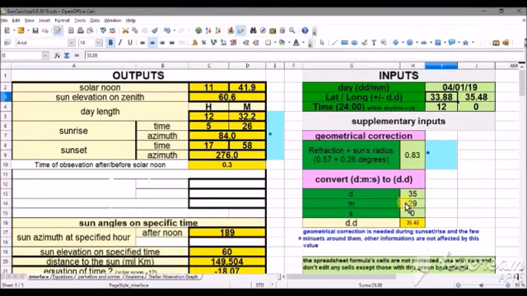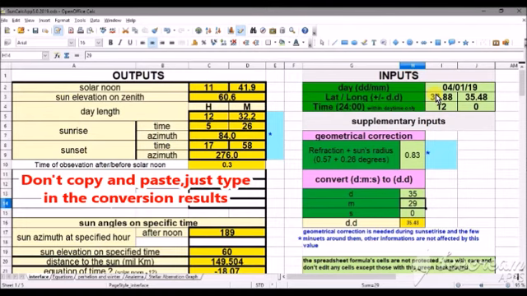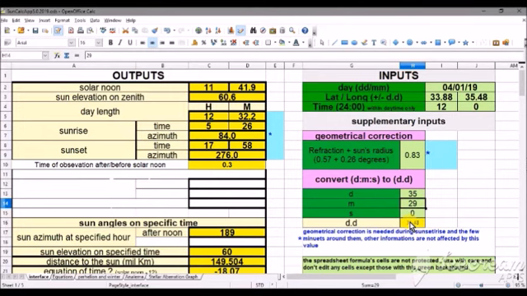And right here I just put a simple converter if you have degrees, minutes and seconds, this can convert it for you, and then you copy it and put it here. And as you see, this is in yellow. This means this is an output. Try to avoid inputting anything in it.